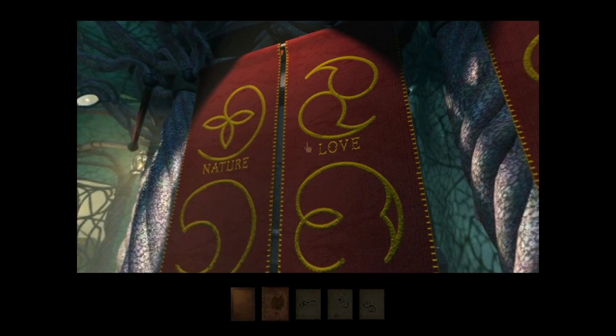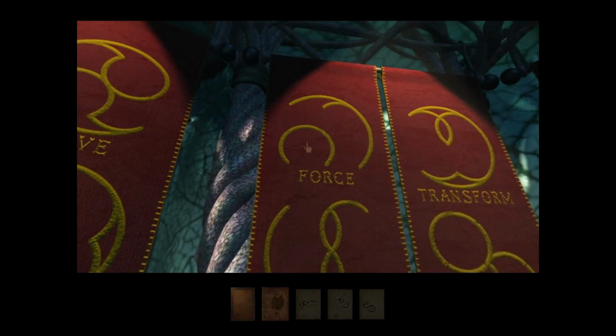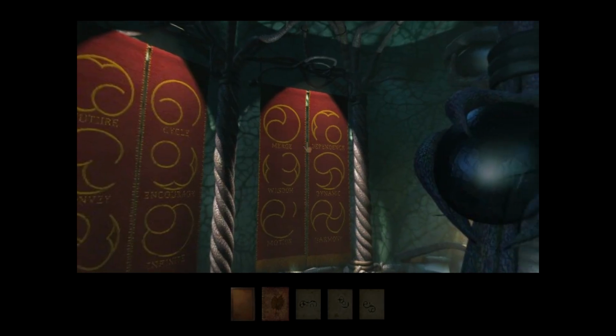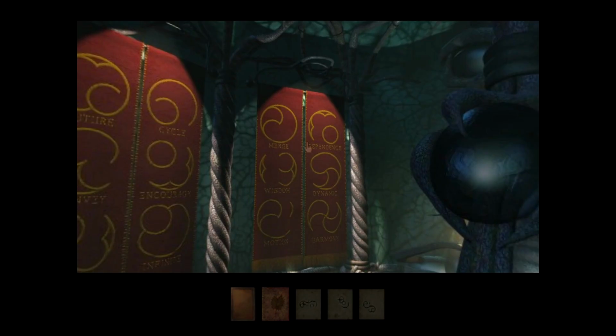Little 3/4 circle. Yeah, little 3/4 circle. Nature encourages. Well, there's dependence. I'll jot down dependence while I'm here. Dependence, we got lower circle.